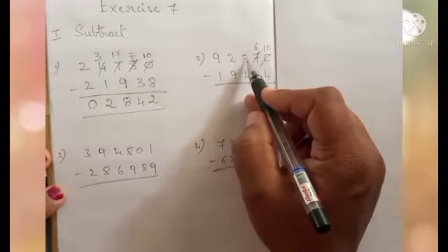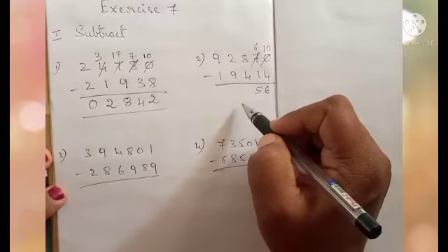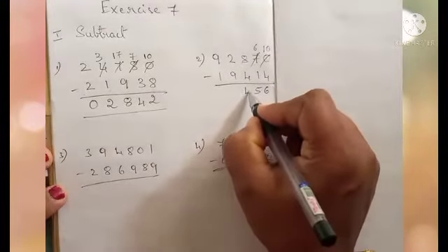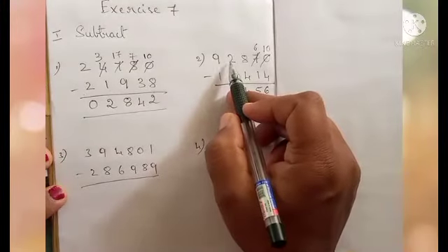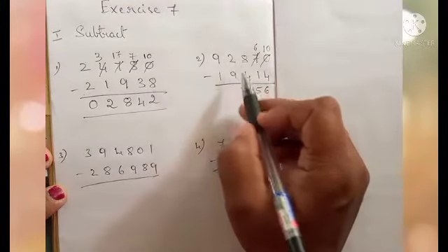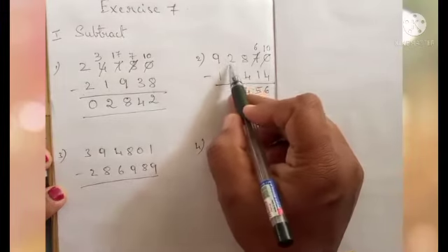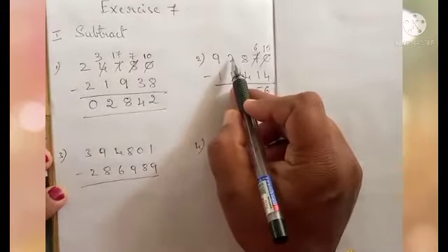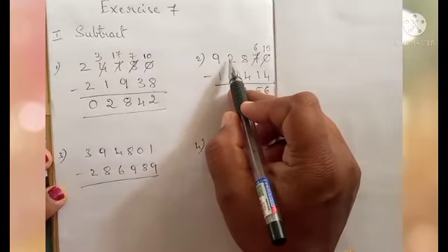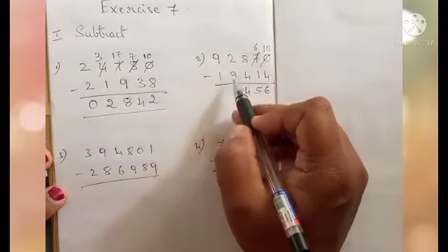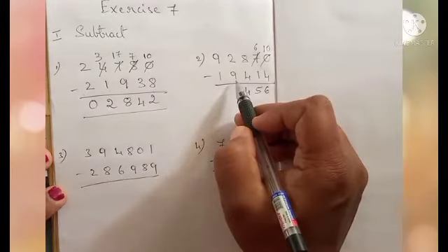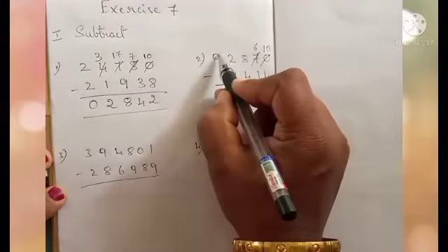Okay. So in hundreds place, 8 minus 4. Yes, 4. Now in thousands place, in 2 can you minus 9, dear children? No. Why? Because this is the small number. So the minuend number is a small number, so in 2 you cannot minus. So what should you do?